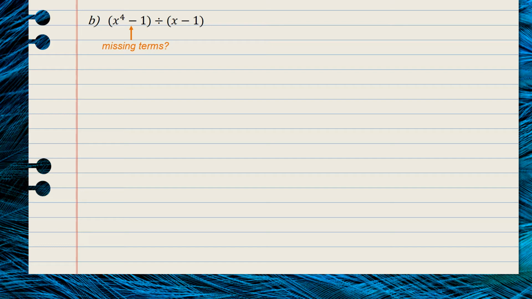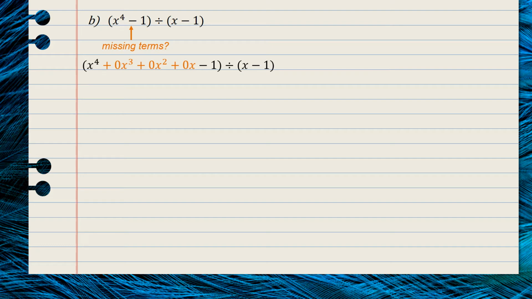So we need to rewrite this, and when we do, it will be of the form x to the 4th plus 0x to the 3rd plus 0x squared plus 0x minus 1 divided by x minus 1.